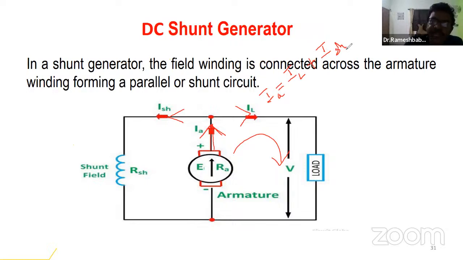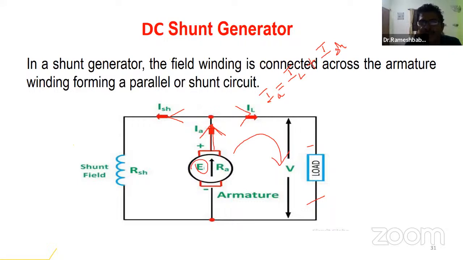Now you apply a KVL to this loop. If you apply that, you will get IA into RA, plus the load voltage V. This voltage is V, right? So V plus IA into RA is equal to EG.